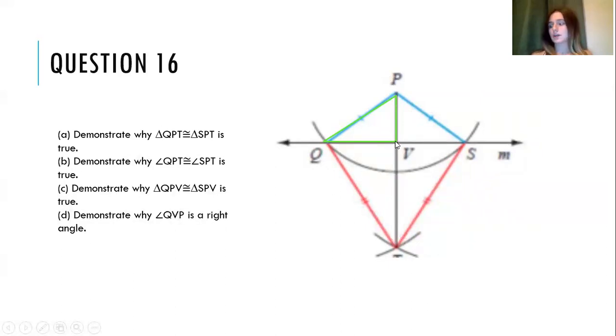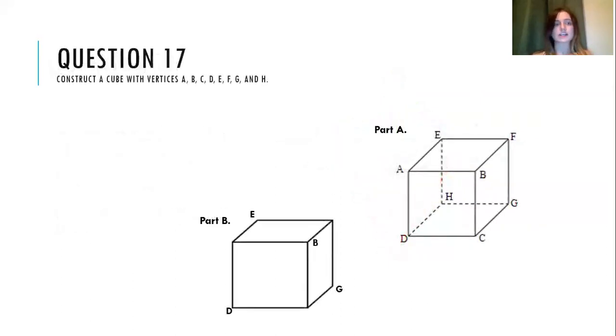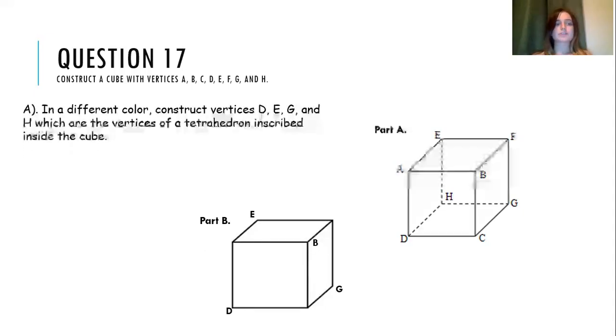Now let's go to question 17. For question 17, we have to construct a cube with vertices A, B, C, D, E, F, G, and H. For part A, in a different color, we have to construct vertices D, E, G, and H, which are the vertices of a tetrahedron inscribed into the cube.